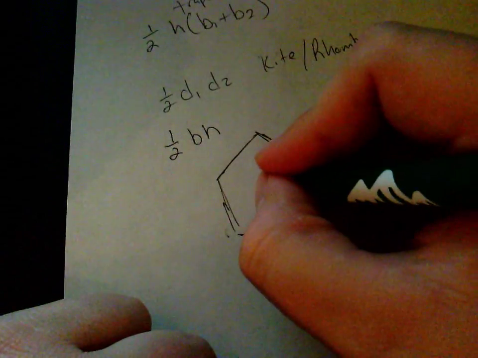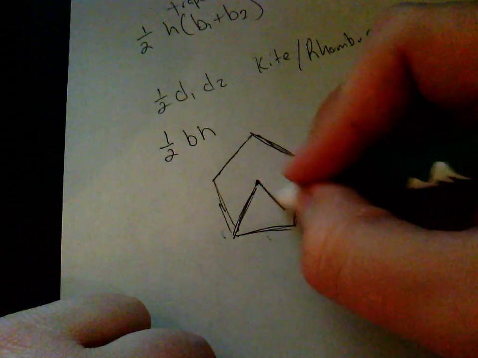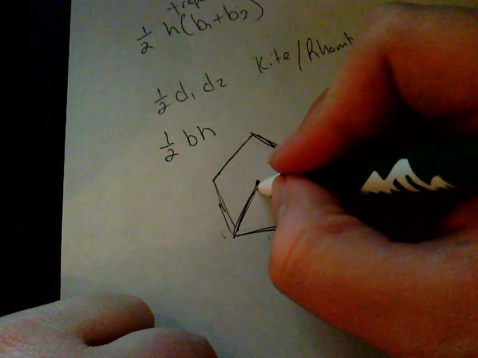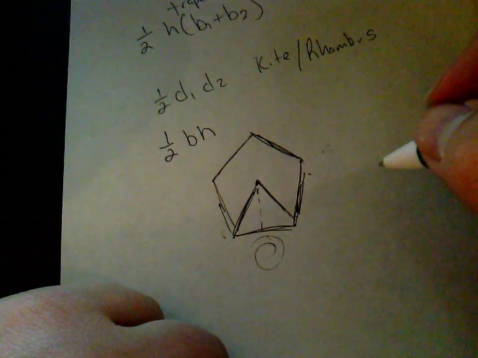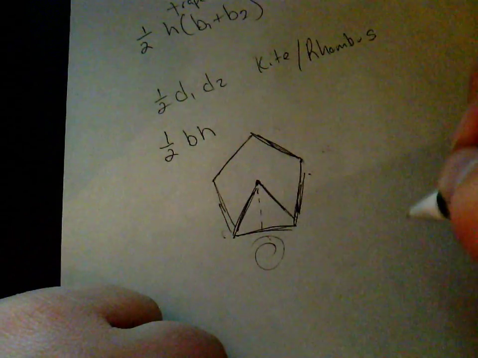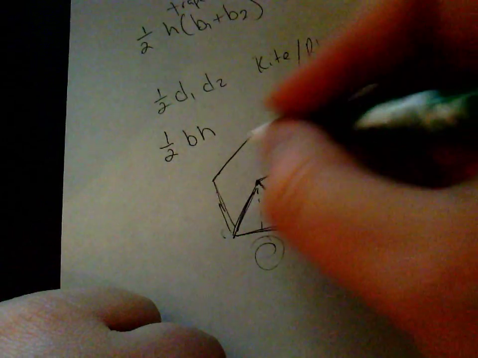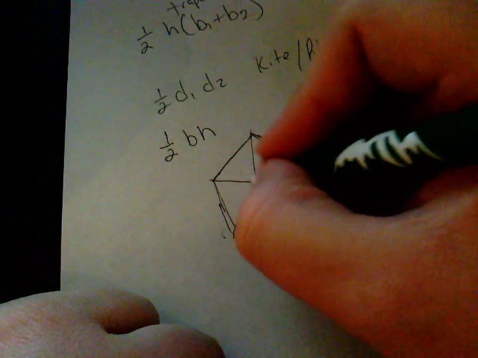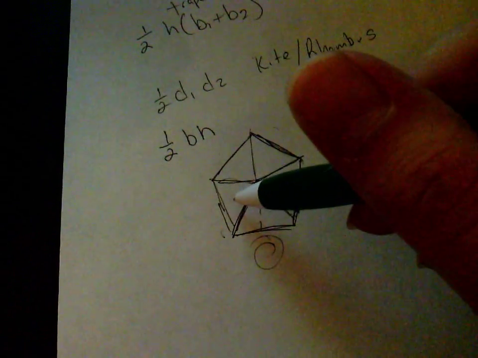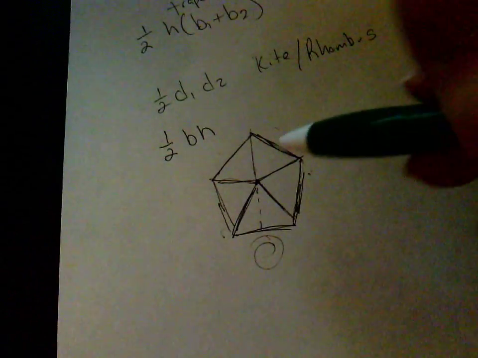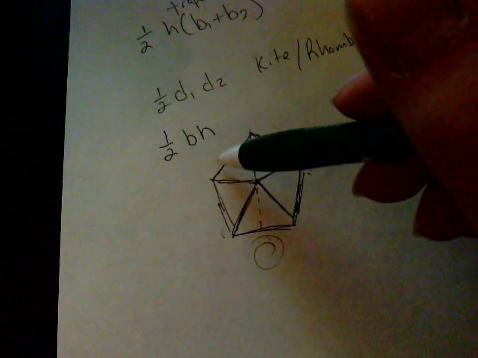Now, the reason why it's called 1/2 base times height is because you actually make a triangle out of it, and there's always this dotted line that comes out. The base is always going to be the same all the way around here, and so it's 1/2 base times height times the number of sides we have. Now, we have 1, 2, 3, 4, 5 triangles I can create out of this thing if I go from the center here, which means there's 1, 2, 3, 4, 5 sides.